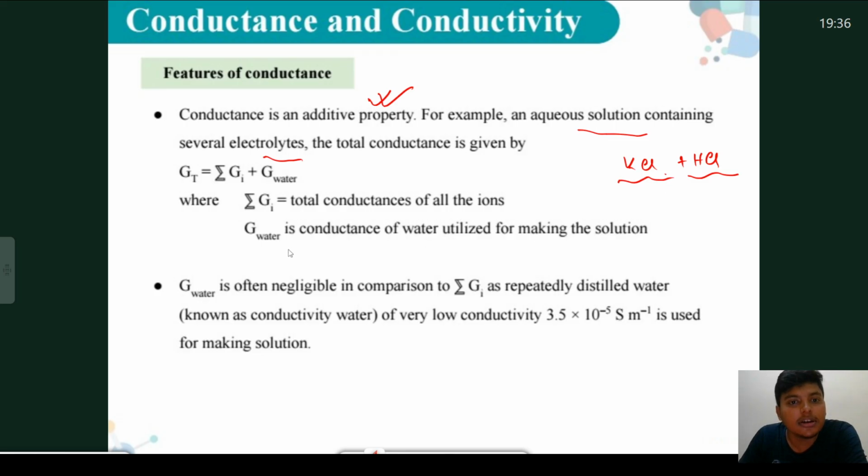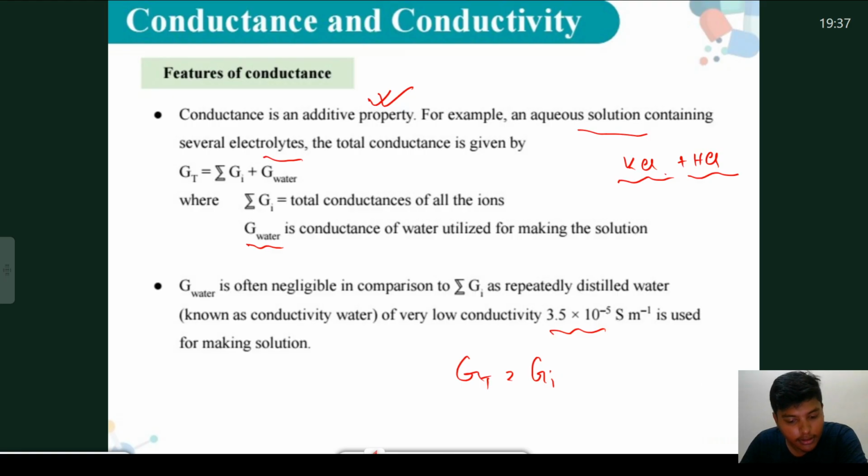Now, generally we neglect the conductance G of water. Why? It is very low. So every time we need not add it. Whatever conductivity a cell, an electrolytic cell, is showing will be the conductivity of the ions.